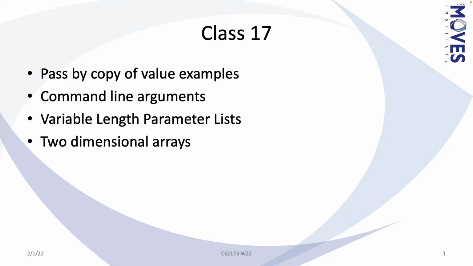Nevertheless, I have found this variable length parameter list to be useful in some contexts. So it's important to understand what it is and how it's used. And then we'll talk about two-dimensional arrays. Again, this is something you've probably encountered in your previous languages, and I'll show you how Java does it.